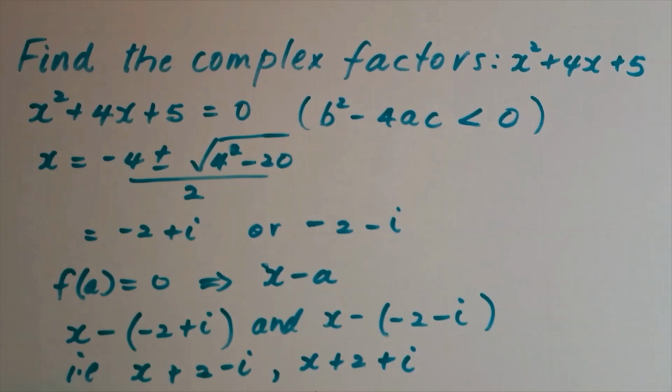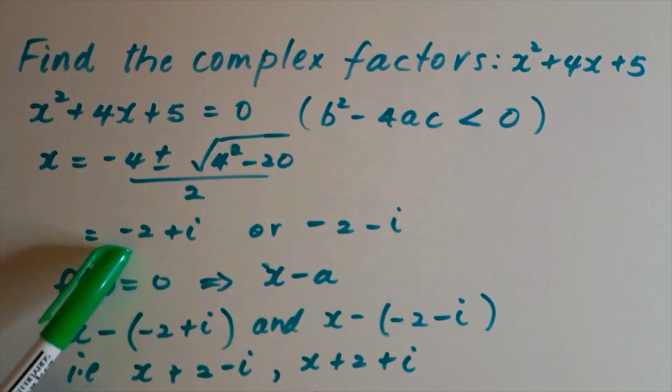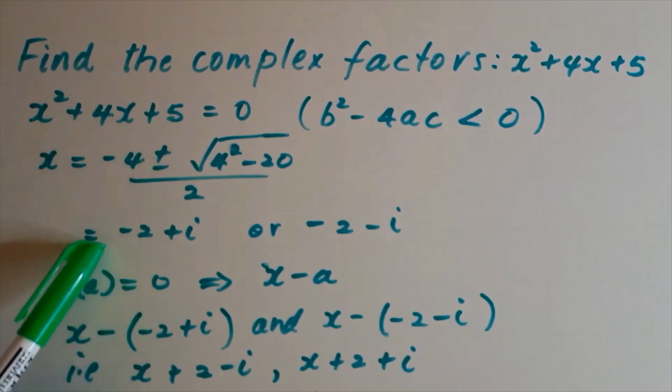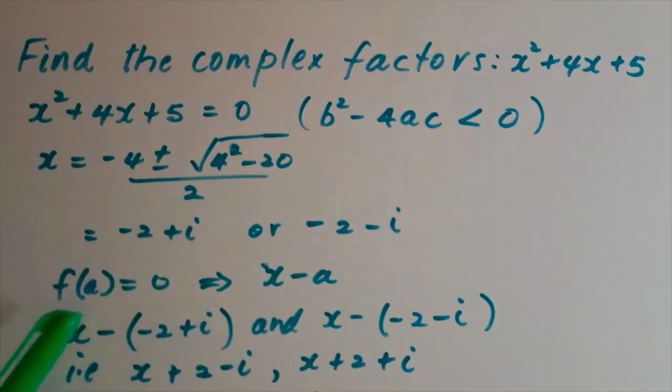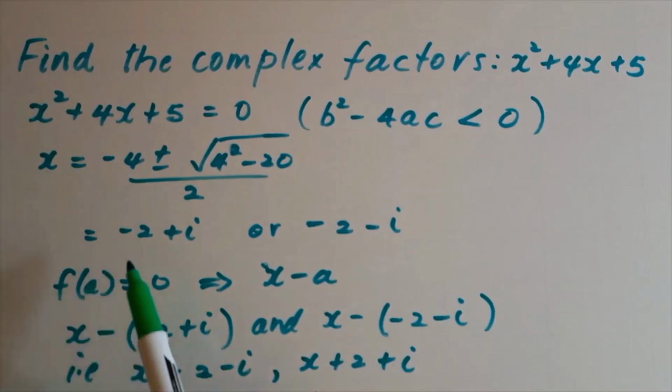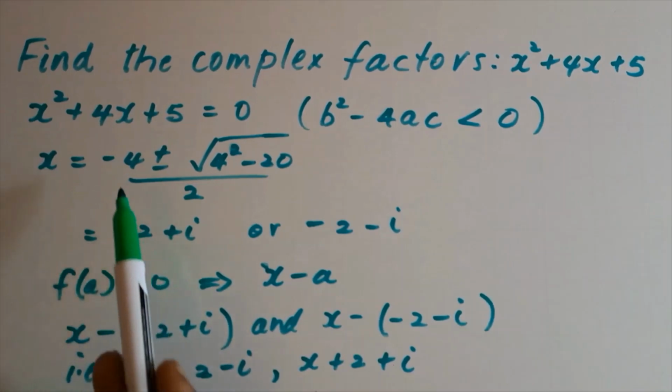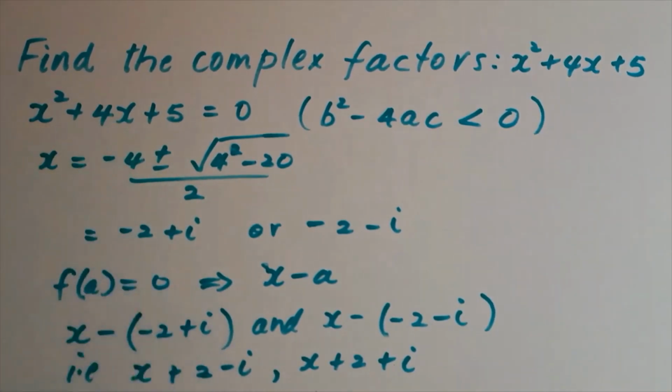Just to recap what we've done, we've turned this into a quadratic equation because finding the solutions allows us to apply the factor theorem. We have the two solutions for x, x squared add 4x add 5, which are these two values of x. f of a must be equal to 0, so the function is x squared add 4x add 5. f of a being either of these two solutions, and it must equate to 0 because they are solutions of this quadratic equation.